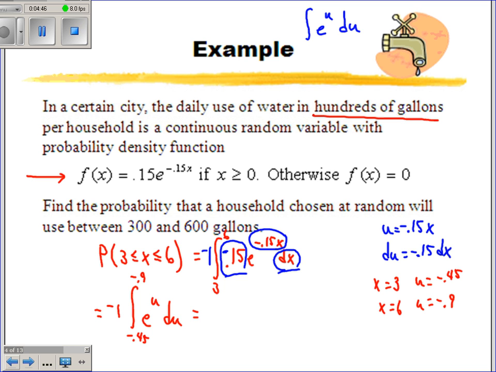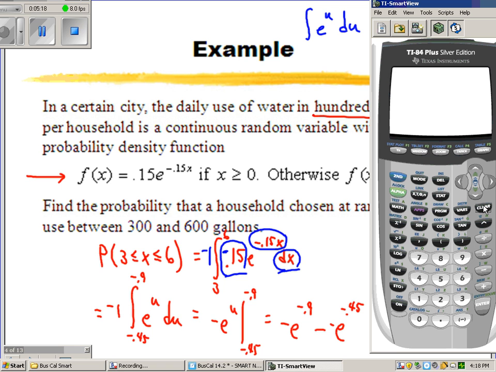So now this antiderivative of e to the u is just e to the u. So I'm going to have minus e to the u, and I'm going to evaluate it for these new values, negative 0.45 to negative 0.9. So put in the negative 0.9 first, so we have minus e to the minus 0.9, and then minus what we get when we plug in the minus 0.45, so it's going to be plus e to the minus 0.45. And we'll need a calculator to figure out what that is.